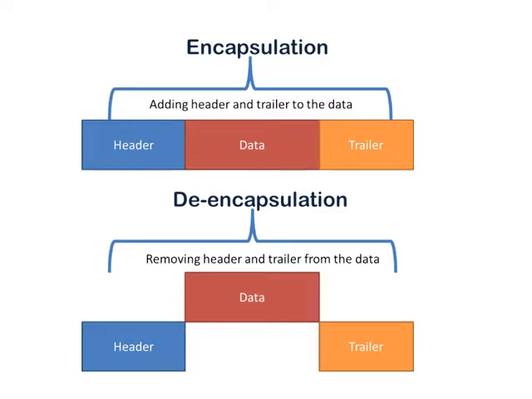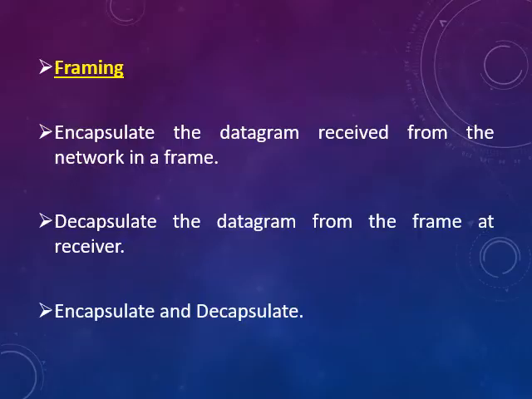In this diagram, we can see the difference between encapsulation and de-encapsulation. During encapsulation, a header and a trailer are added to the data and made into a frame. During de-encapsulation, the header and the trailer are removed and separated. The data link layer of the sending node needs to encapsulate the datagram received from the network in a frame.